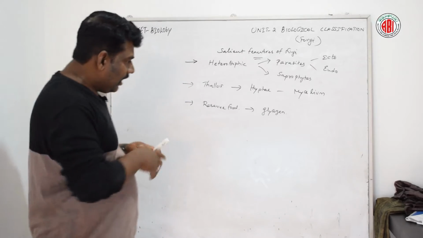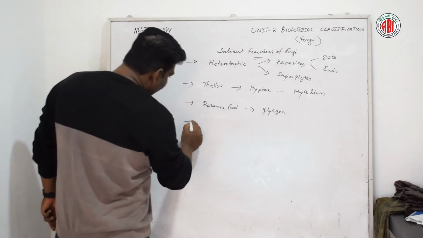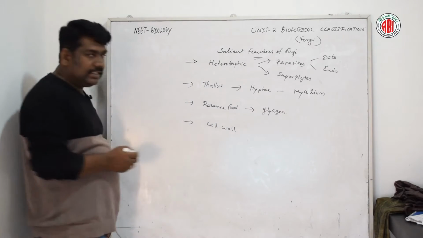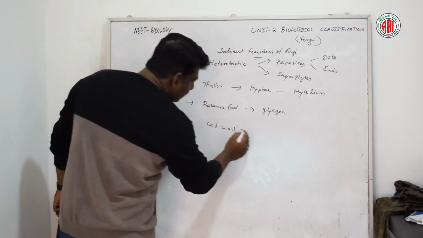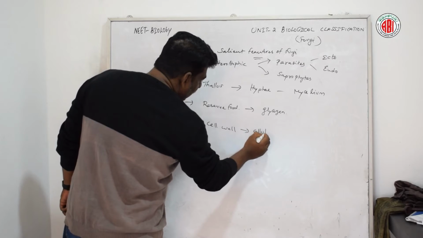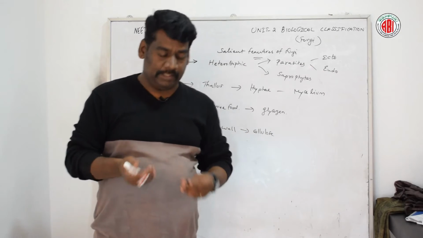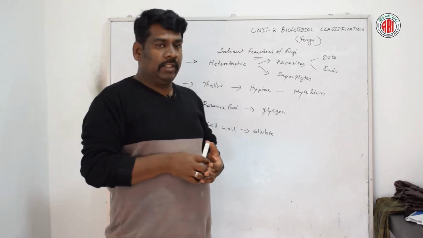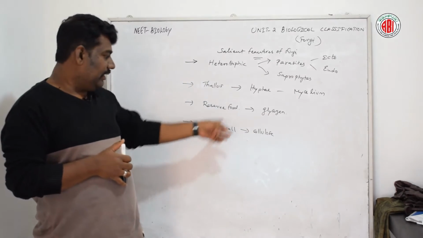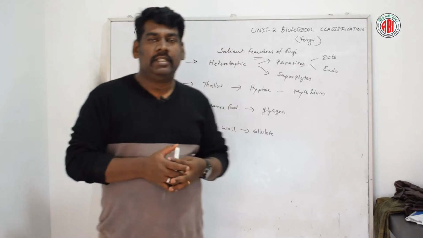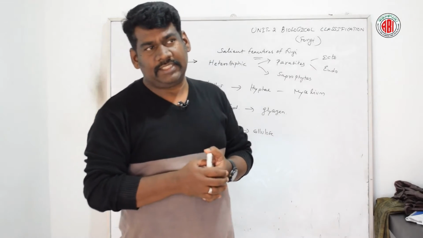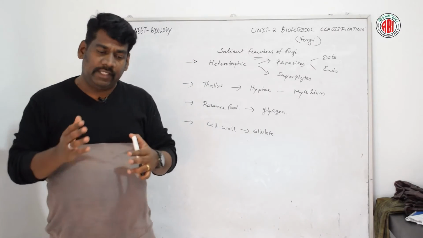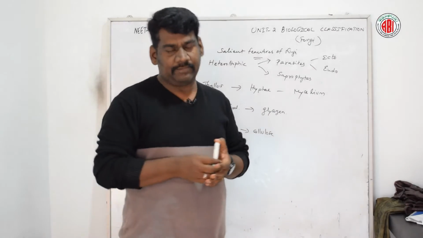Now talking about the cell wall, fungi possess a cell wall, and the cell wall is made up of cellulose, similar to plants like angiosperms. Here the cell wall protects the cells of the fungus and gives a definite shape to the organism.